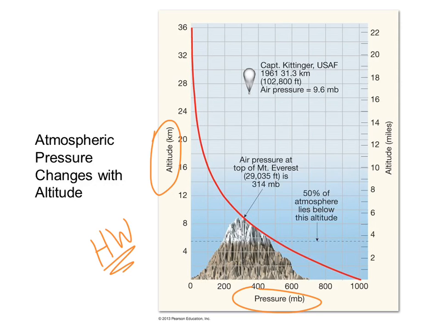What if you go up 10 kilometers? What is the pressure? Let's see, 10 kilometers. I'll change my pen to green. This is kilometers, so 10 kilometers. What do you think? What would you estimate it?